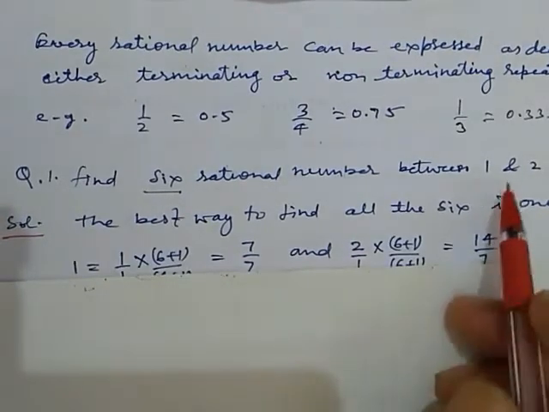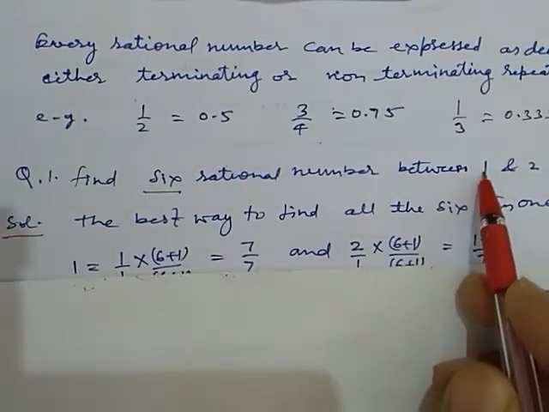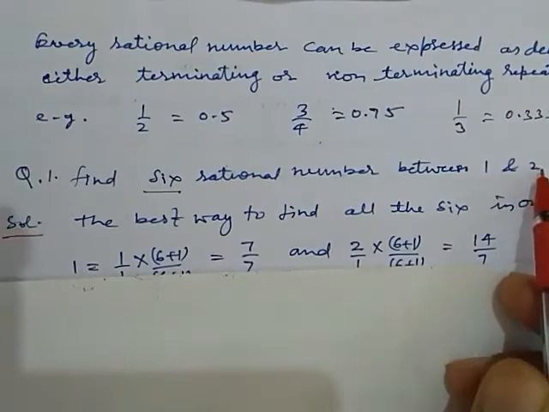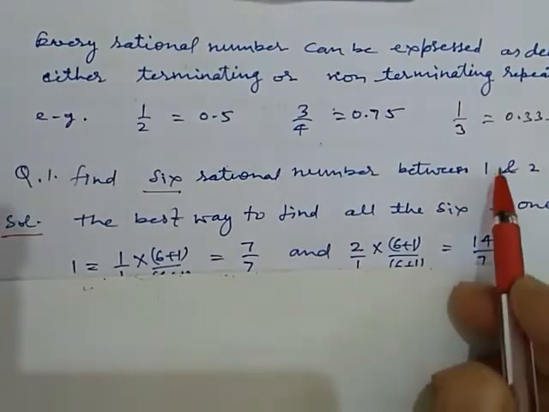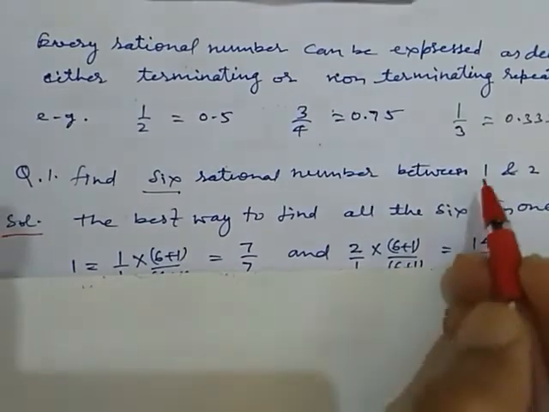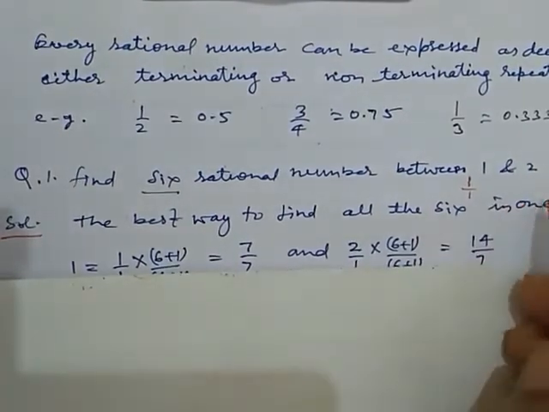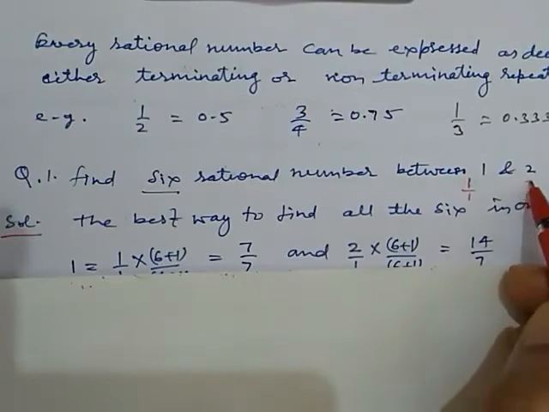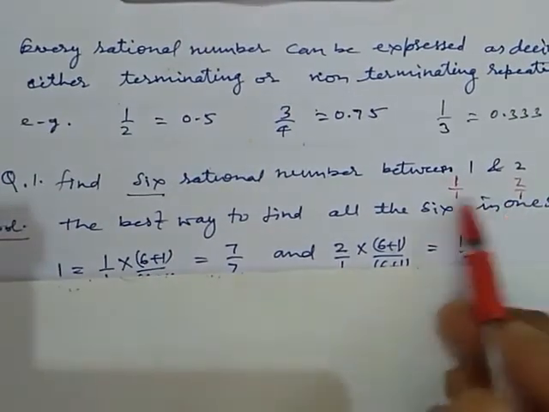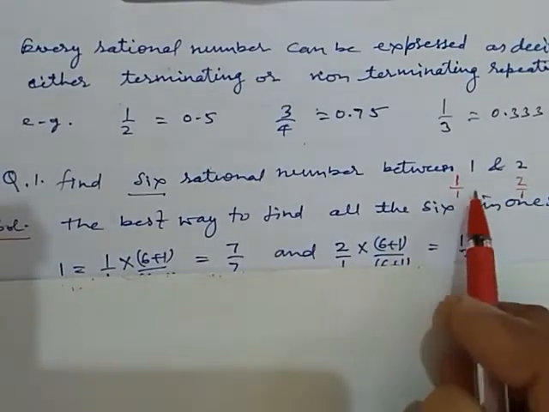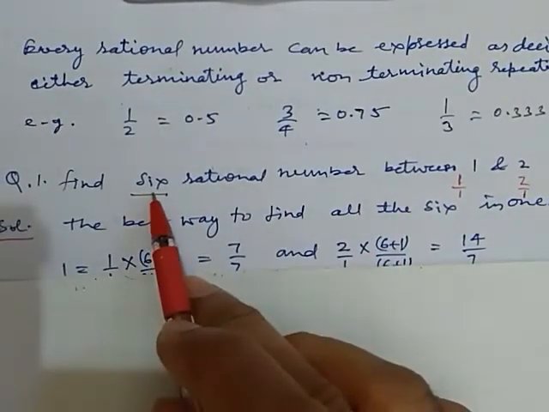How? First we change 1 and 2 into fractions. That is, 1 can be represented as 1 by 1, and 2 can be represented as 2 by 1. Now these are like fractions, but we want to insert 6 numbers.